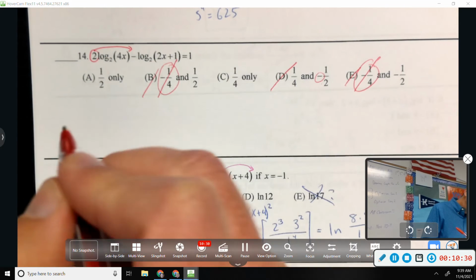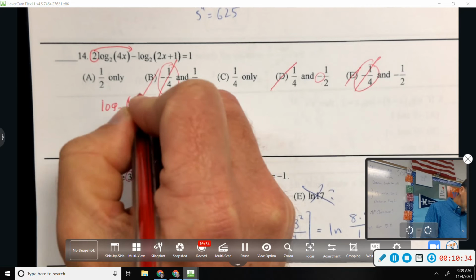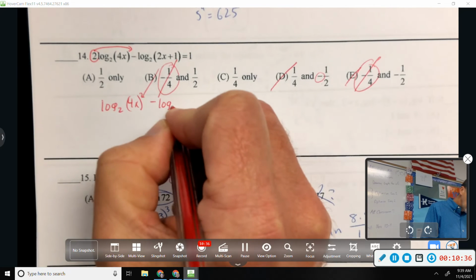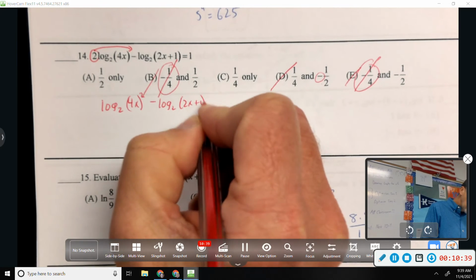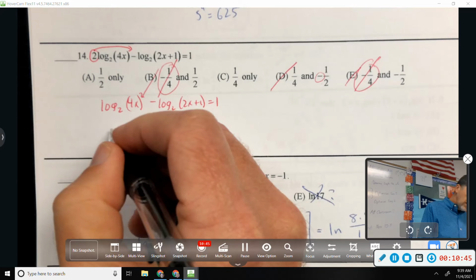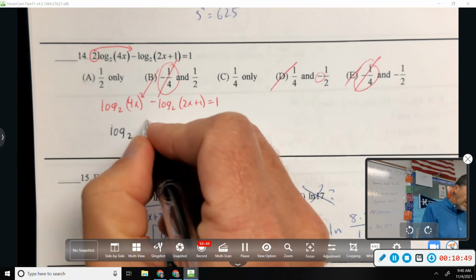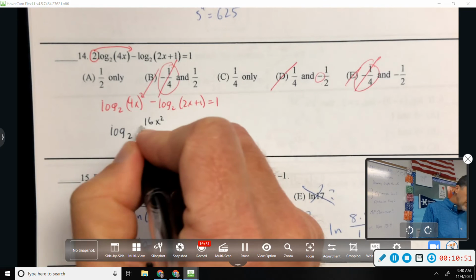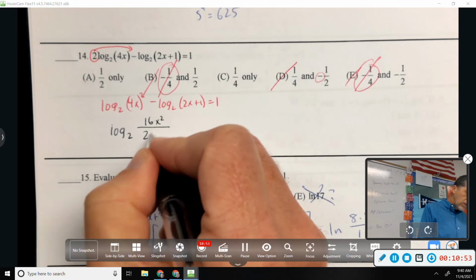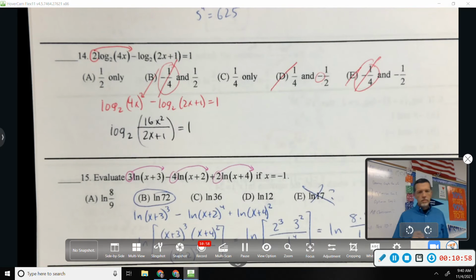Let's move the 2 up. Log base 2 of 4x squared. And then let's condense. So log base 2 of, and I'm going to go ahead and square the 4 and the x, 16x squared over 2x plus 1 equals 1.